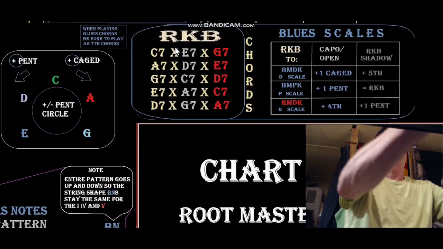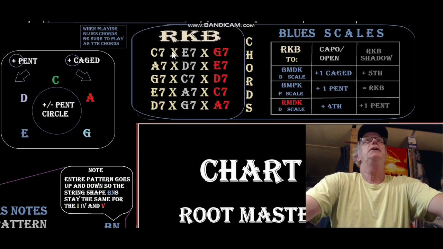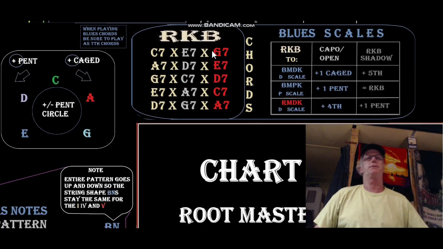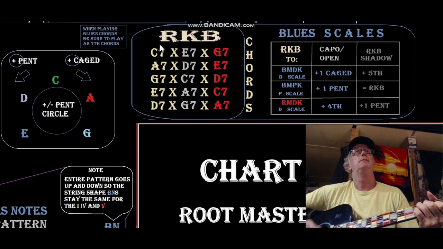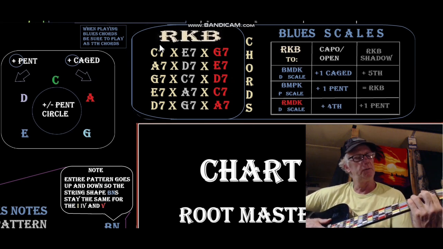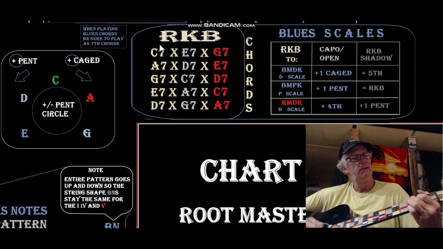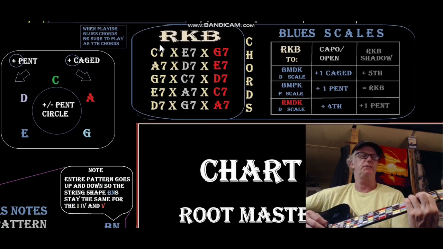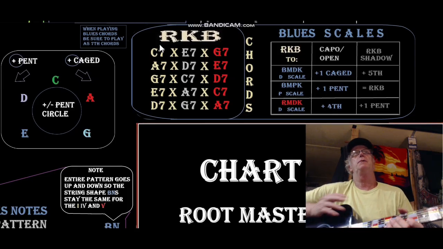It's C, F, G, but here the F would be an E shape, so it's C, E-shape F, G7, and these are all done in seventh chords. So that's C, F, G, but it's an E-shaped F, just with the bar there.